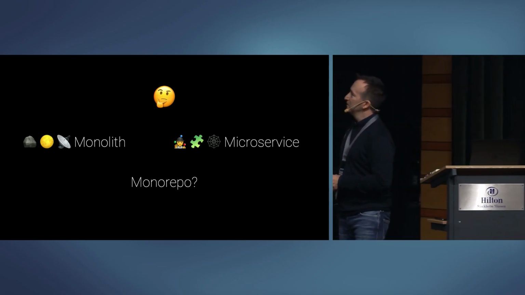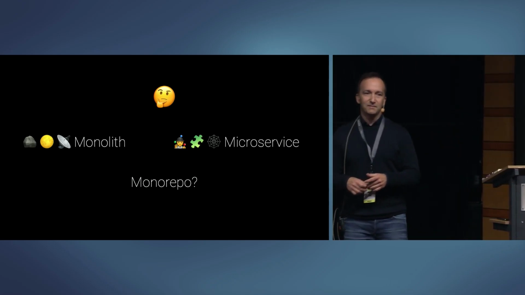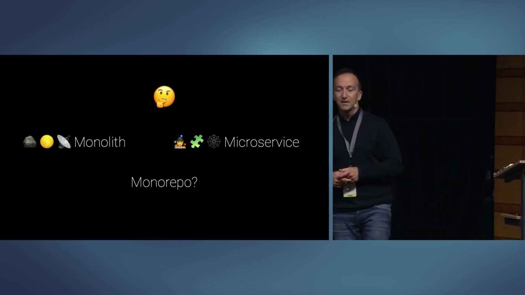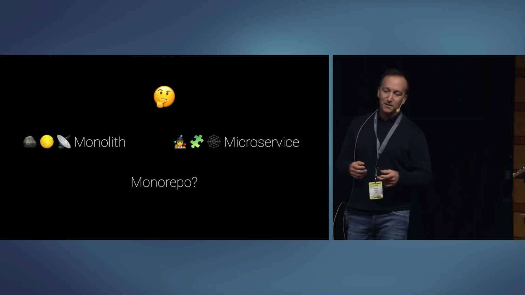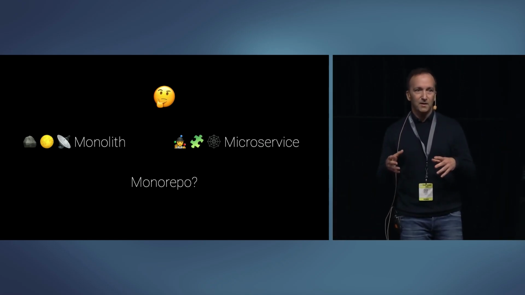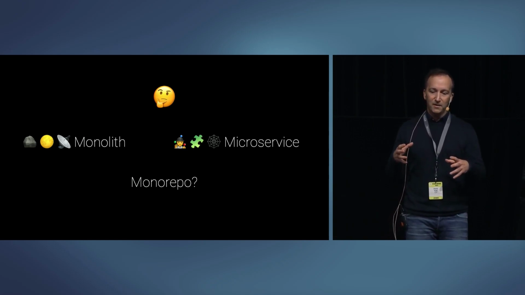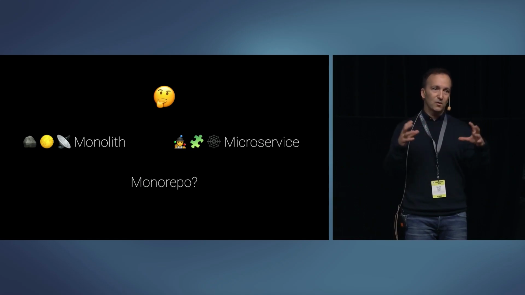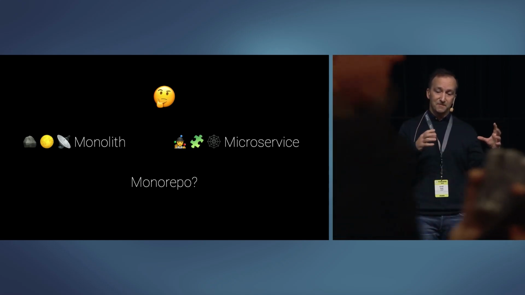So some terminology, and again, this is how I have interpreted these things. So monolith, to me, that sounds like an app or something that you deploy all at once, or at least in one piece.